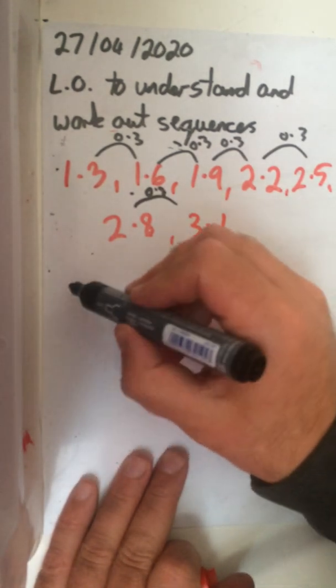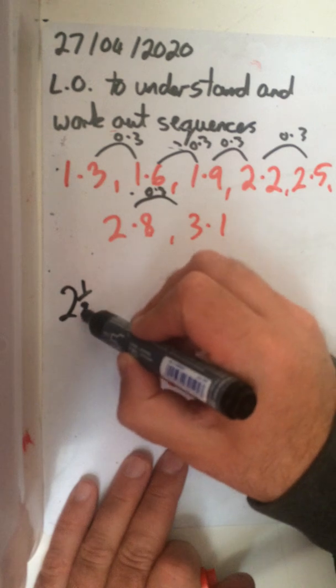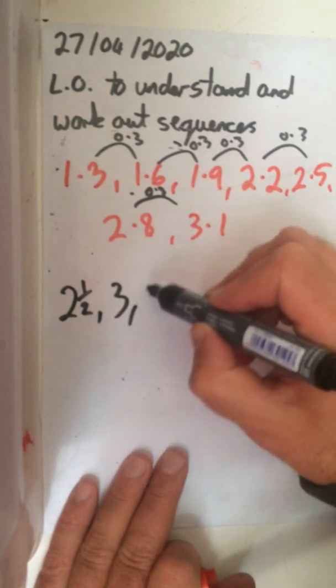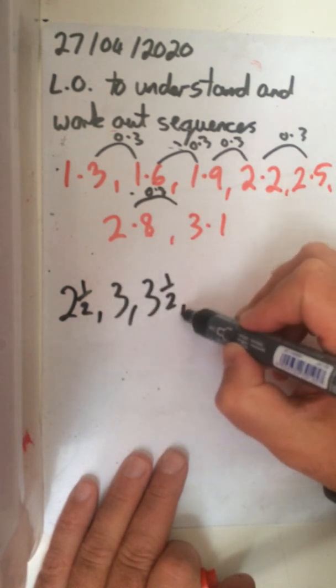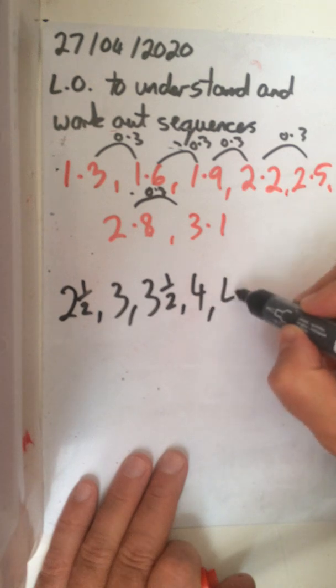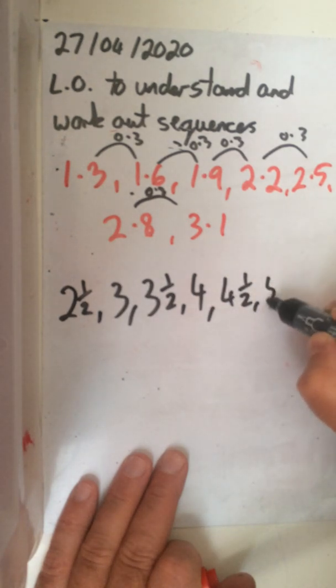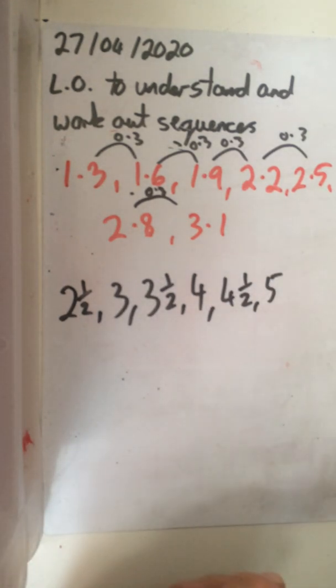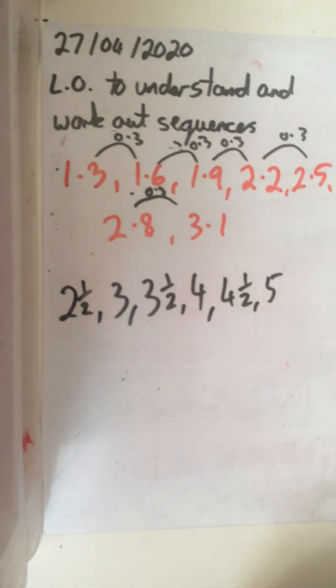So it could start at 2.5, 3, 3.5, 4, 4.5, 5, and continue on through the sequence. Not too tricky at all.